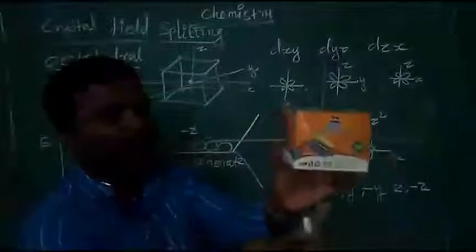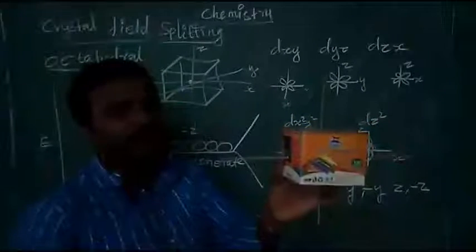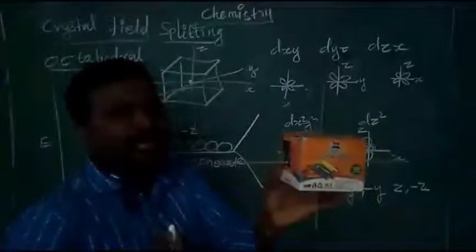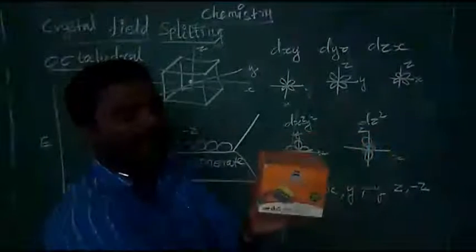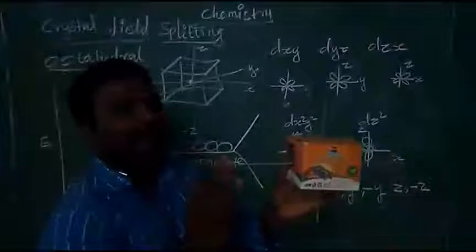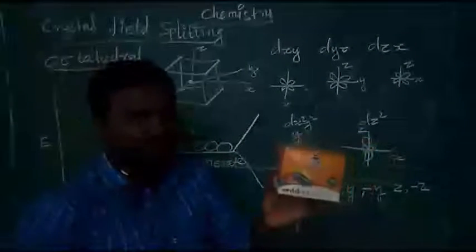See, 1, 2, 3, 4, 5, and 1 on the backside. So totally 6 axial positions we have. In each of the 6 axial positions, one ligand is approaching. Here one cyanide, here one cyanide, here one cyanide. Like that, all the ligands are approaching in the axial positions.